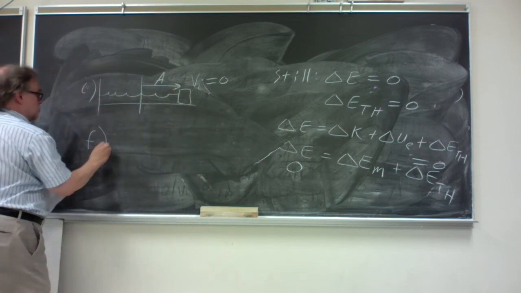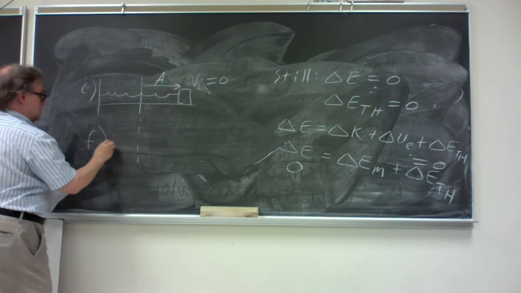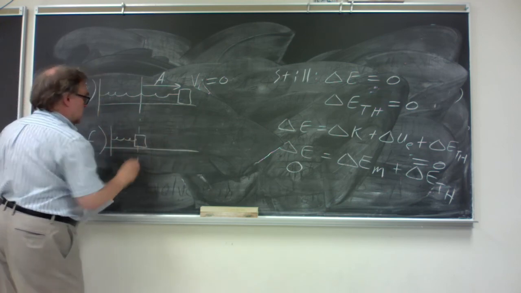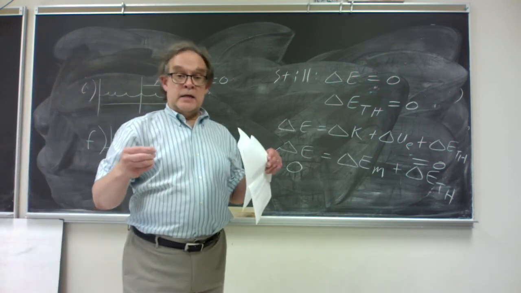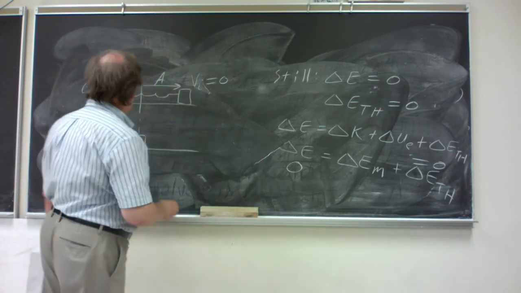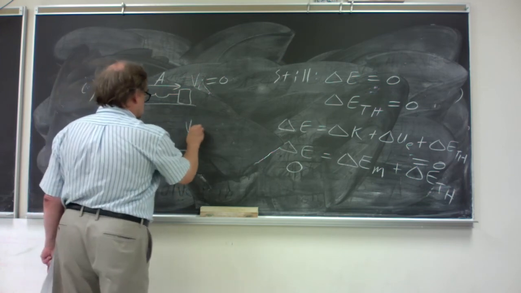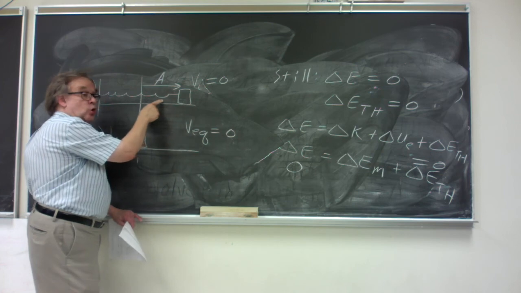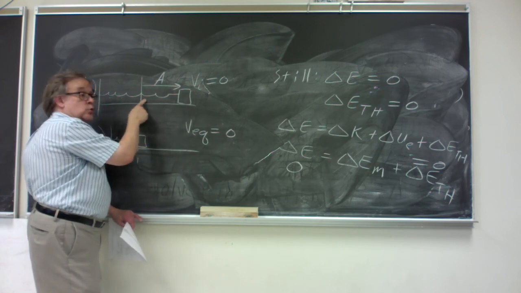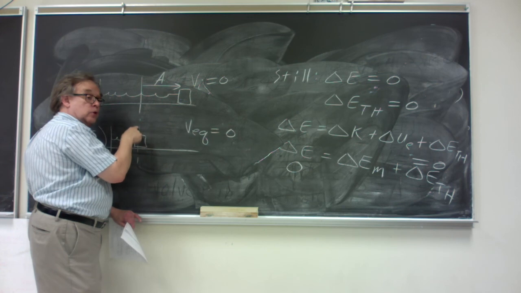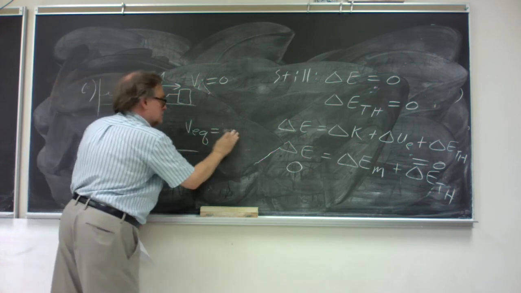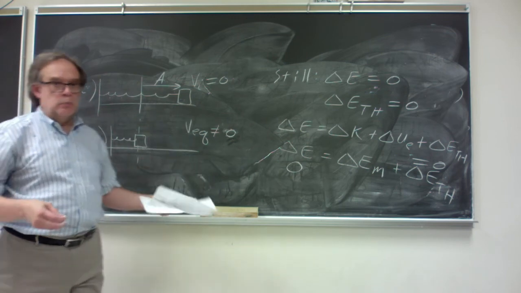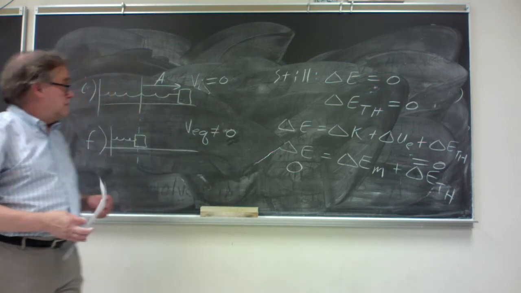Now the final state, we will say, is when the mass is back at equilibrium. And it's been gaining speed all the way from here to equilibrium, so it does have velocity, or the velocity at equilibrium is not zero.